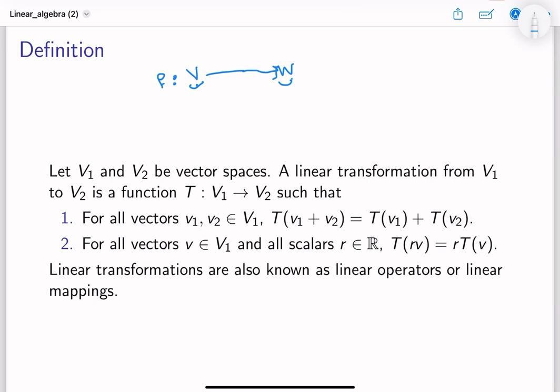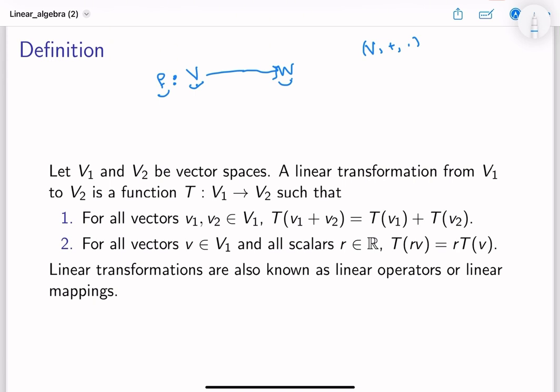However, since we're talking about sets with structure, like vector spaces, where the vector space V has an addition and a scalar multiplication, it's better that the map we're considering respects some of these structures, right? It better respects these because we're interested in properties of vector spaces, not properties of sets, right?